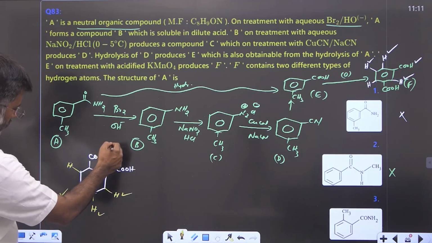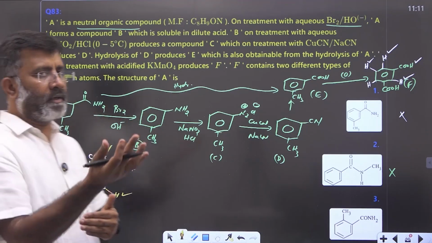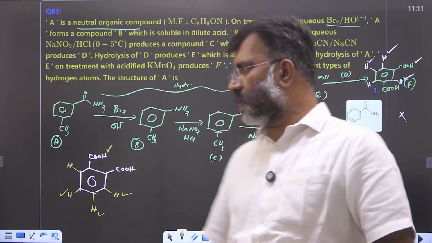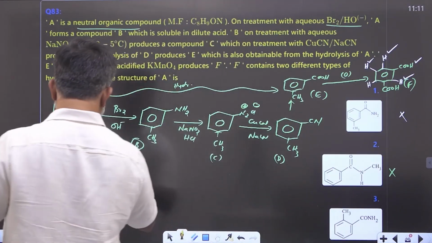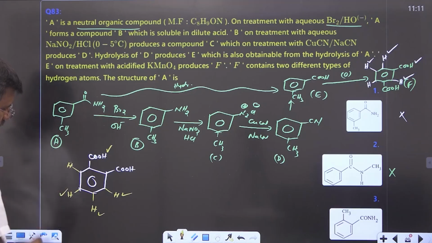Anyway, one type, two types, there are 3 types. More than 2 types are present. These two are one type, this is one type and this is another type. There are 3 types, it seems.